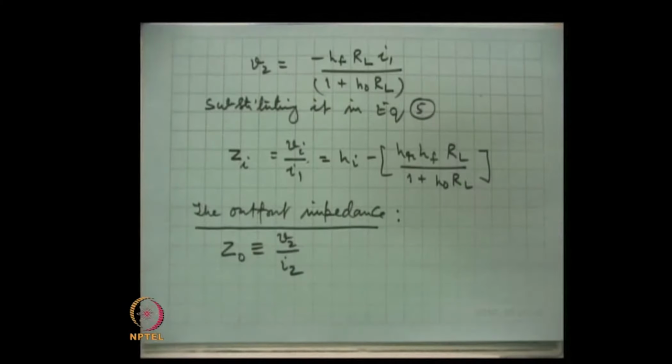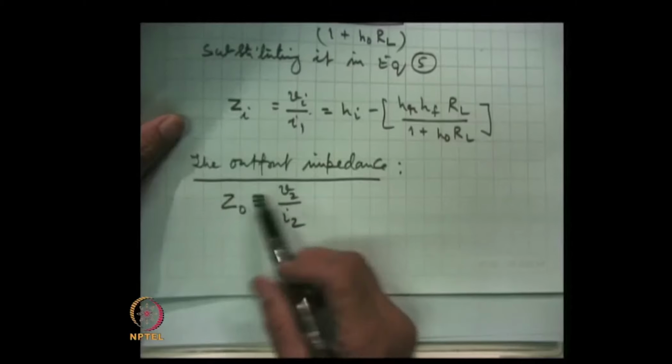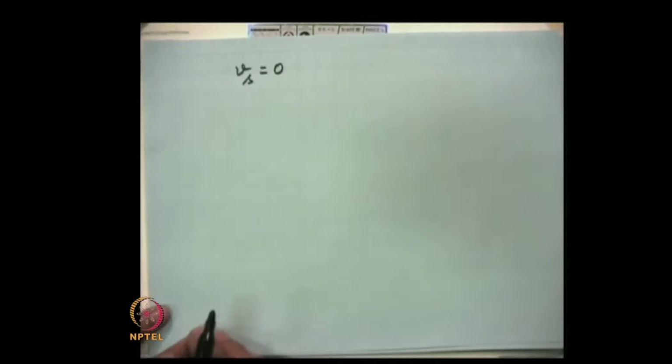This is the ratio, and how do we arrive at it? For determining the output impedance, the source Vs on the input side has to be reduced to 0.